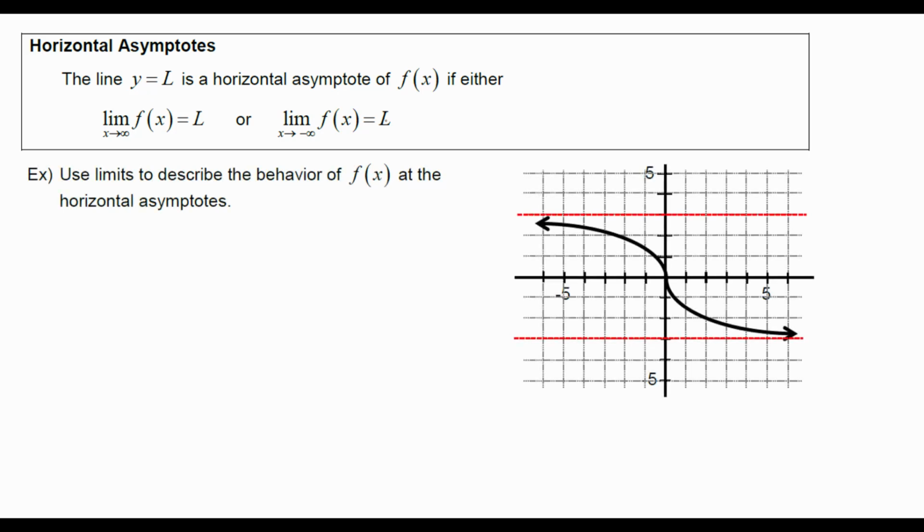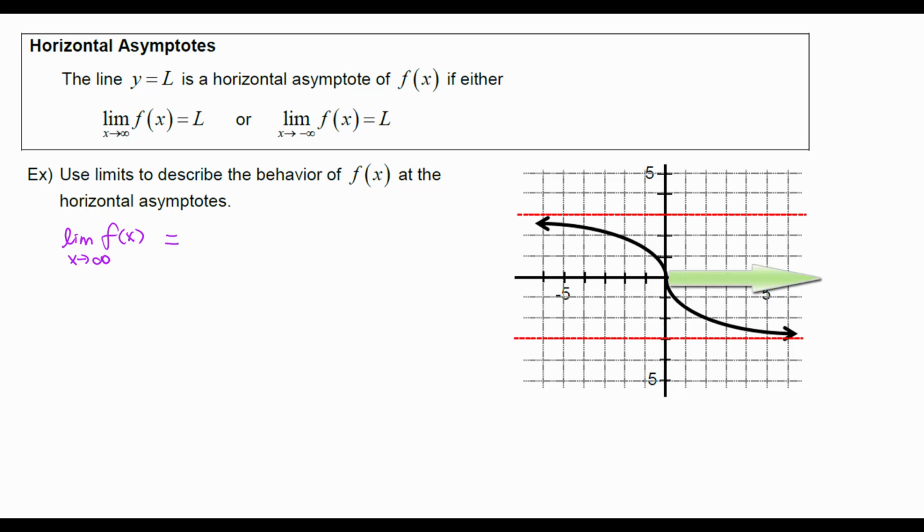So now look at the example below. Use the limit to describe the behavior of f of x at the horizontal asymptotes. So let's see, first of all, what is the limit of your function f of x as x approaches positive infinity?